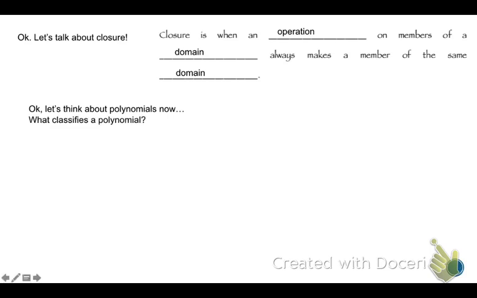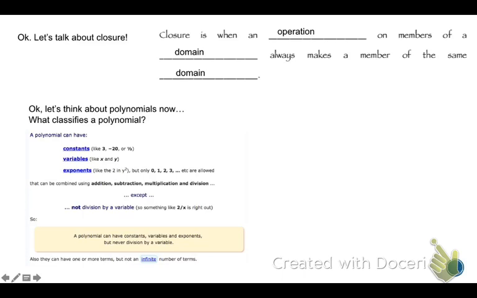What classifies a polynomial? So polynomials can have constants, and they could be fractions. Any of the terms, not the exponents, but just the constants can be fractions or whole numbers.